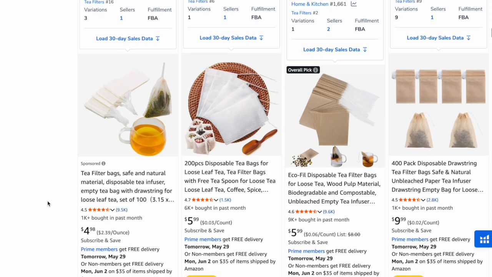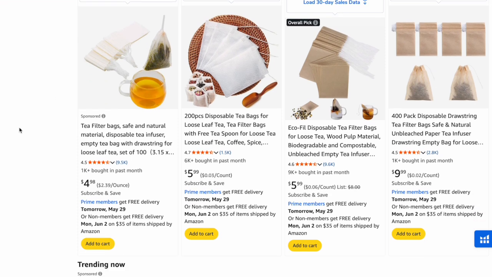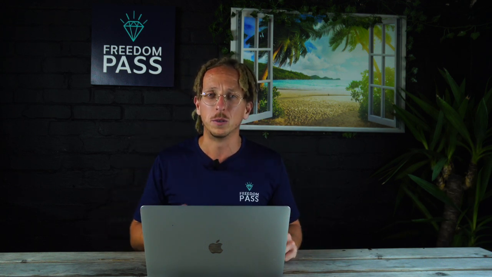Okay, here we go. Brilliant. Already a very big variety of different images, different designs, and also you can see that all the top listings are selling in the thousands, which is very good, because if the entire market was dominated by one single listing, this would be something to avoid, because it's very hard to squeeze into these marketplaces and get sales when all the sales are going to one product listing, unless you have a very unique idea where you can clearly beat them.